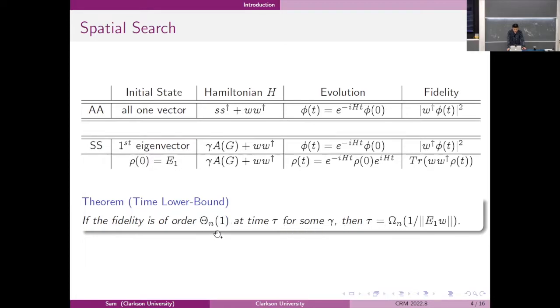If the fidelity is a constant, then for some gamma, the time must be at least 1 over the norm of E1 multiplied by W. That is the projection of the target vector onto the principal eigen subspace. So this is the shadow. We call it the shadow, and we will use epsilon to denote this term.